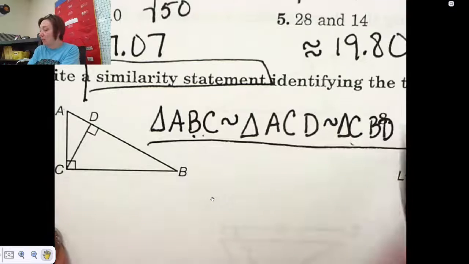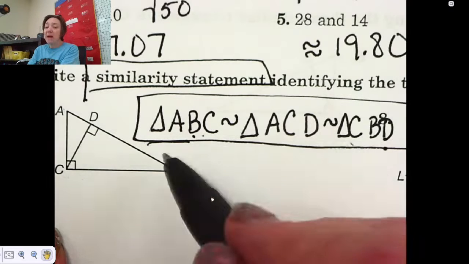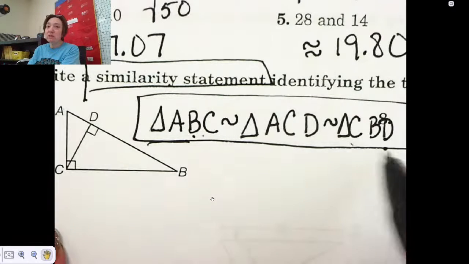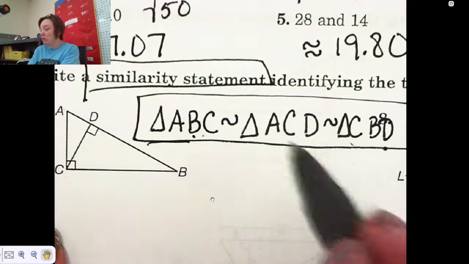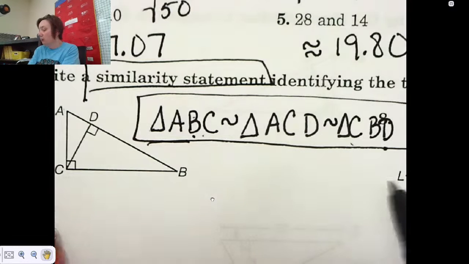That's how you write a similarity statement. Okay? A similarity statement isn't a sentence that says these triangles are similar. A similarity statement is when you use math abbreviations to say they're similar, but when you say they're similar, you have to match up the angles that match up. All right?